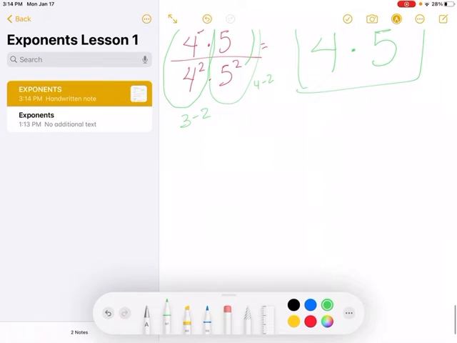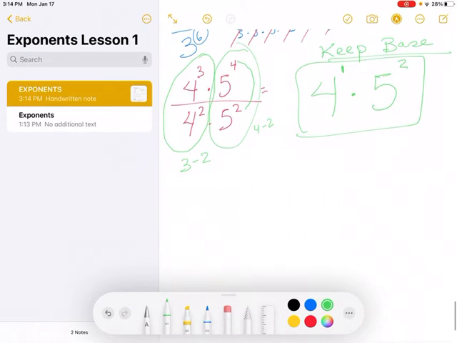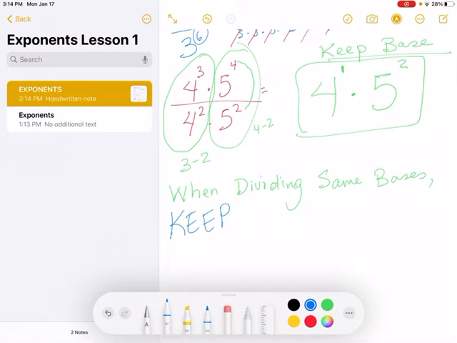Okay, so let's write down in our notes, please. When dividing same bases, what are we going to do? Keep the base. In this case, we keep the 4 right here.